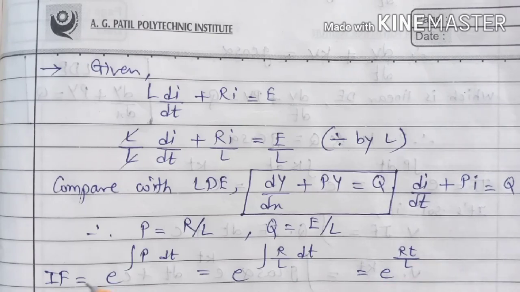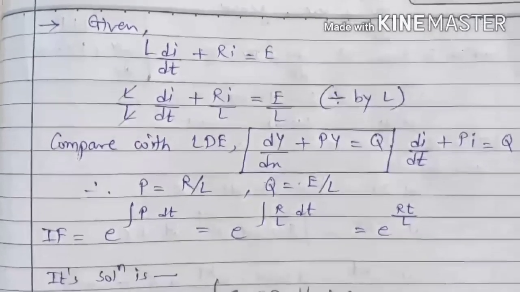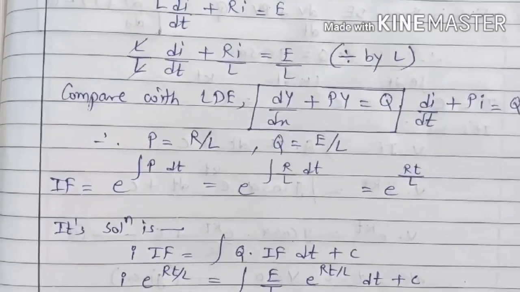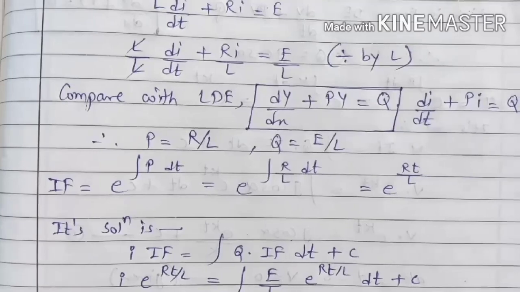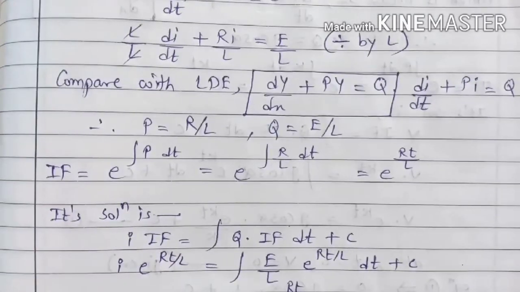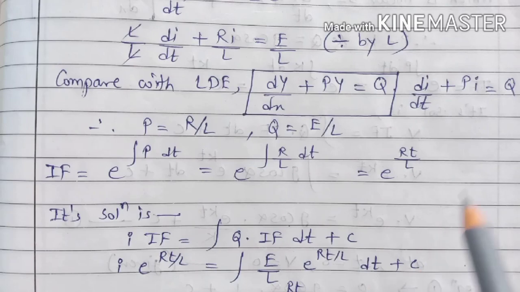So we get the integrating factor e raised to Rt by L. Its solution is i into IF equal to integration of Q into IF dt plus C. We put the integrating factor and Q: i into integrating factor e raised to Rt by L, Q is E by L, and integrating factor e raised to Rt by L, into dt plus C.